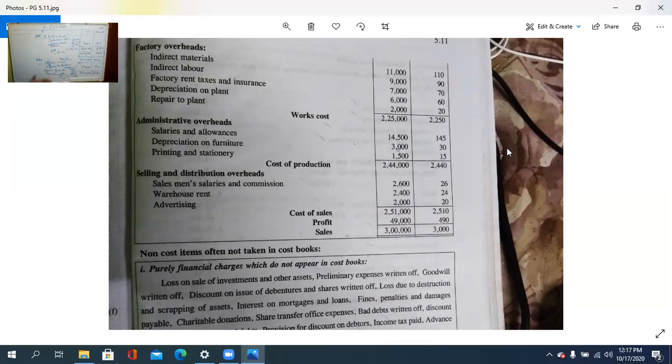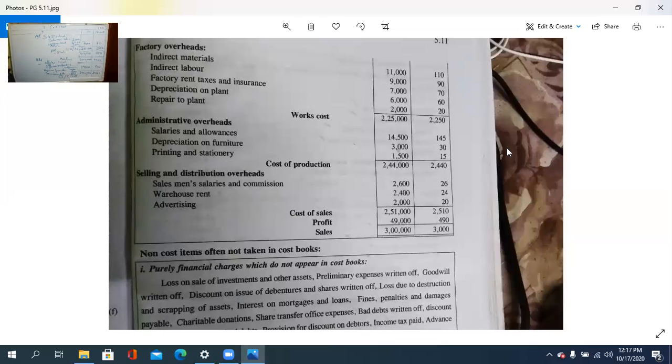Along with the prime cost, several items are to be segregated with the factory. What all factory expenses are there, that is to be taken separately, and take the total and add it with the prime cost. Then we get the factory cost. Like the same, office administration overheads to be taken up from the items and then added with the factory cost. We get the office cost or cost of production.